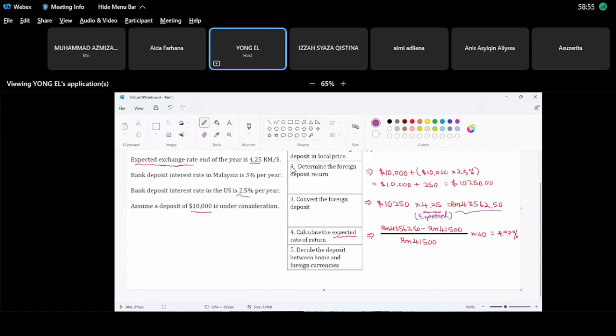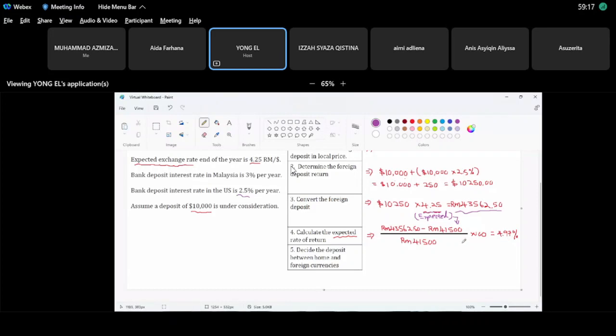Because we use an expected exchange rate at step 4, the answer you get is also expected. So we call it expected rate of return. Okay. Last step. This is what we understand from step 4. This is what we obtain.